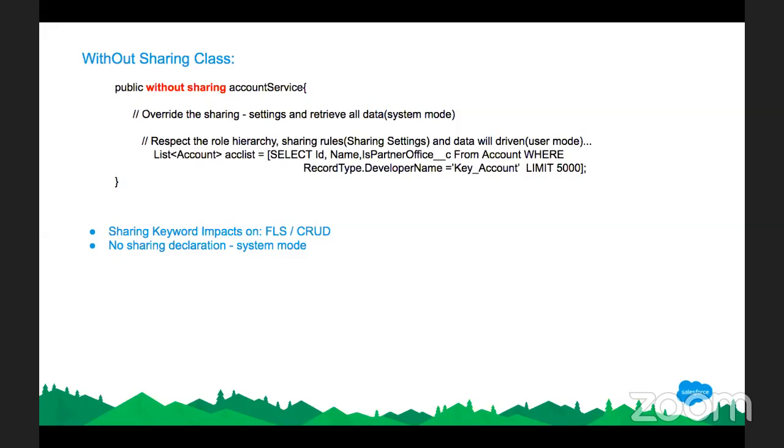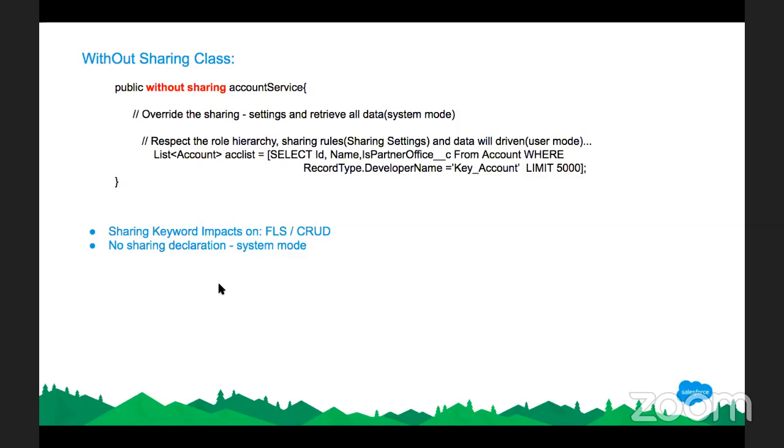In order to understand the security system, I hope you have some idea about sharing rules, record ownership, and additionally the organization-wide defaults behavior. So if you are not defining the sharing keyword, it will always run in system mode.